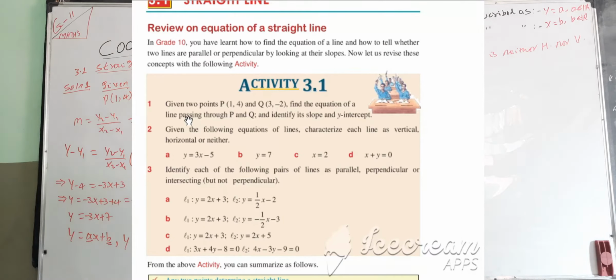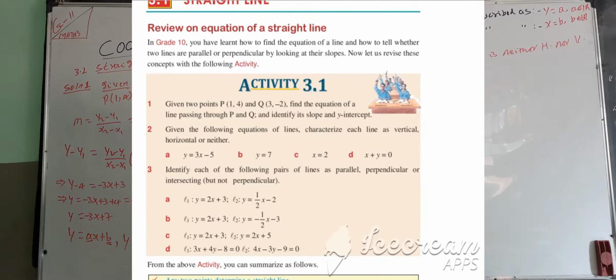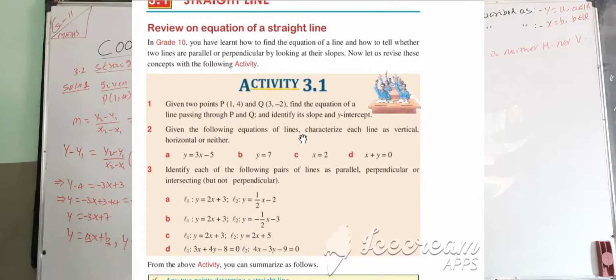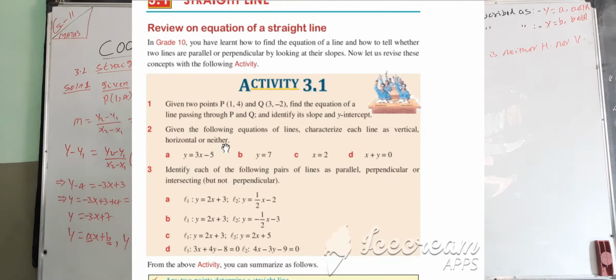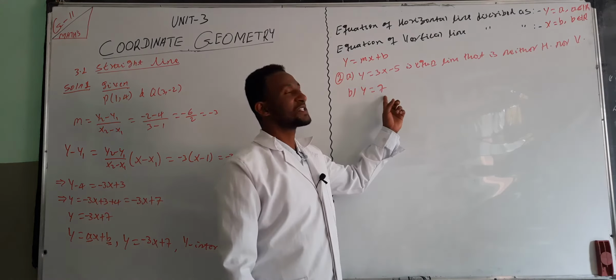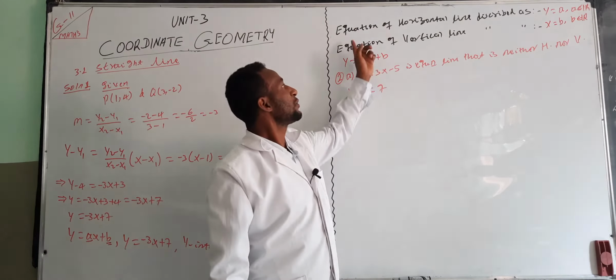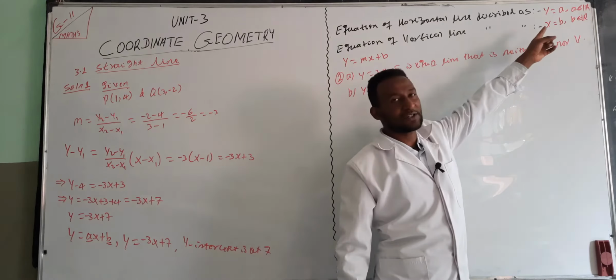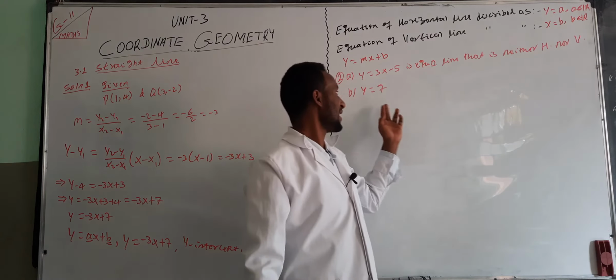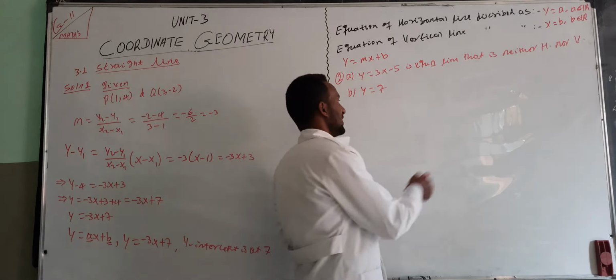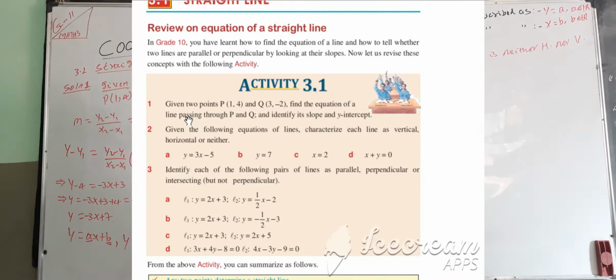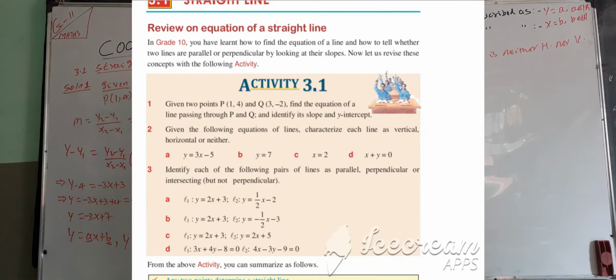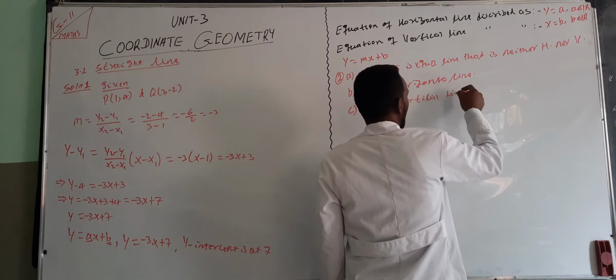Also, when we see b, y is equal to 7. This is the equation of a line, and this line is a horizontal line, because the equation of a horizontal line is described as y is equal to a. In this case, a is 7, therefore this is a horizontal line. See, x is equal to 2 is a vertical line.